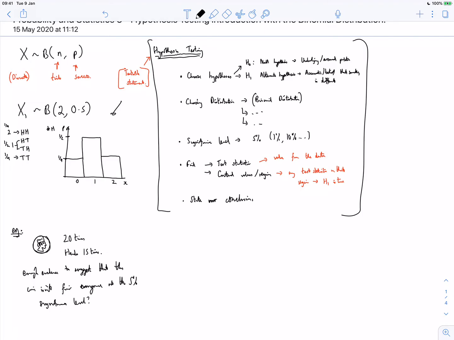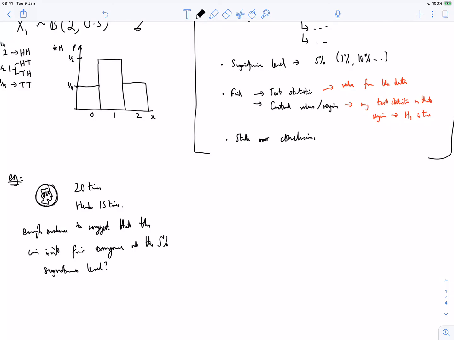Okay, so let's suppose I flip a coin 20 times, it lands on heads 15 times, and is this enough evidence to suggest that this coin isn't fair anymore at the 5% significance level?